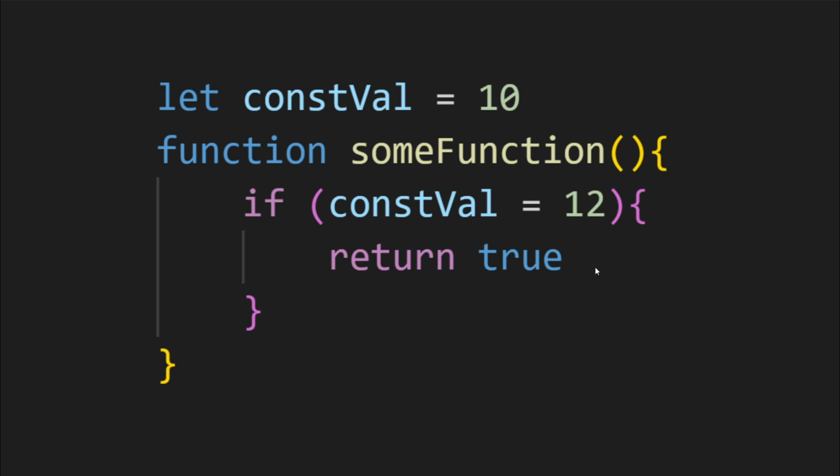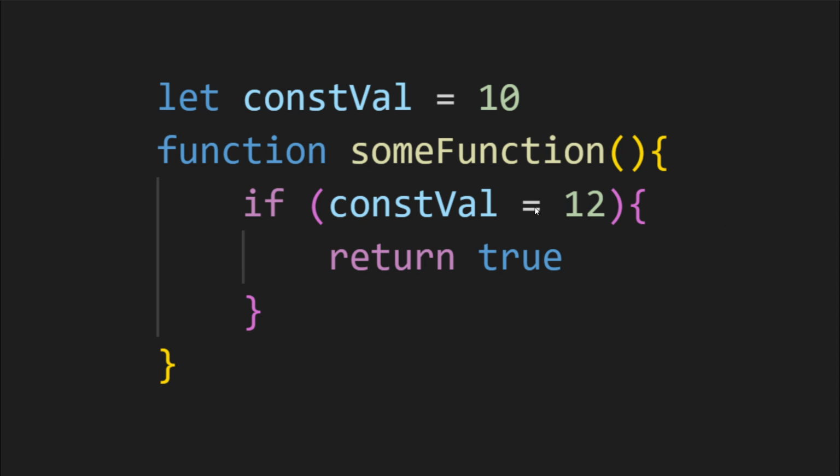My final example, let's say you have a constant value, but you know, you're using the let keyword again, and you have some function that has an if statement, and you're checking if the constant value equals 12. If it does, return true.